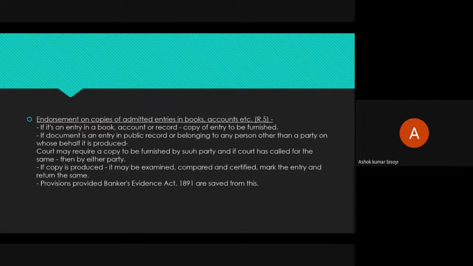has to produce the same, and the copy is to be furnished by such party. That is, on whose behalf the document is furnished, the court can direct that a copy be furnished by such party, even if it is a public record. The party cannot say that he will not give a copy of the public record.